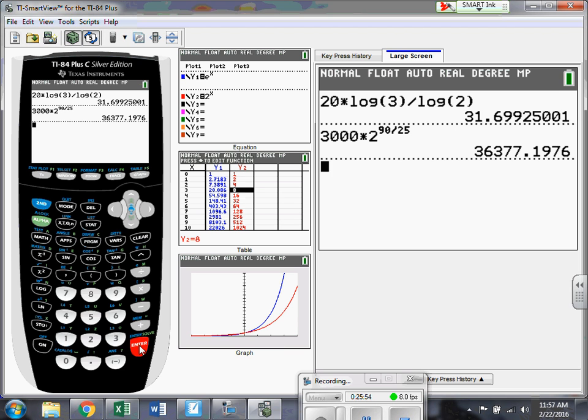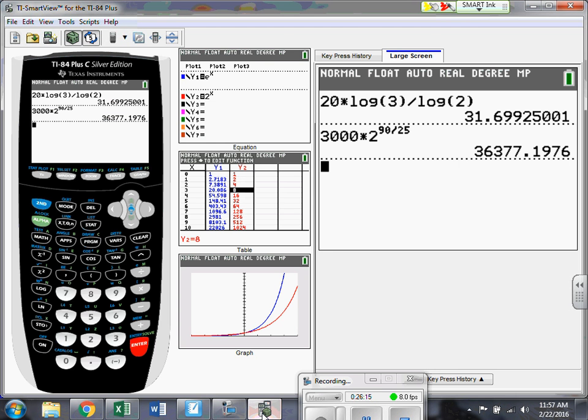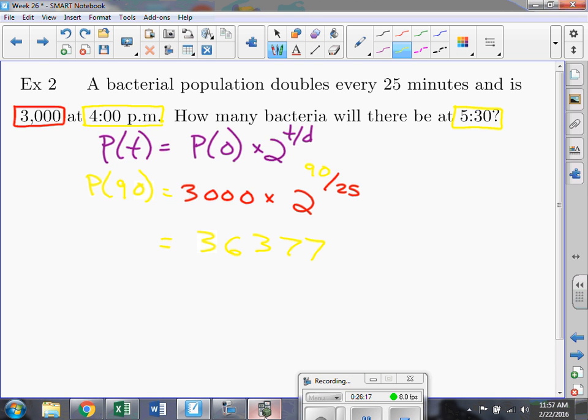And our population, 36,377.1976. Where are we going to round it? Okay. If we want it accurate to the nearest whole number, we'll round it down and say 36,377. Verifying, yes, I remembered it correctly. So we're done.